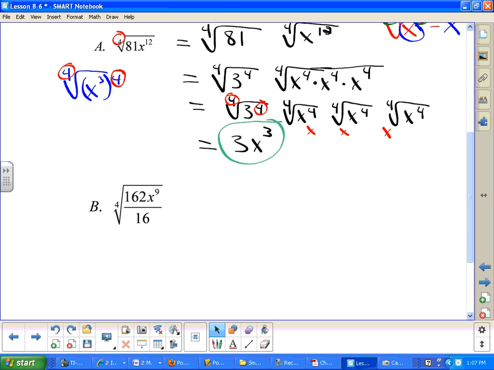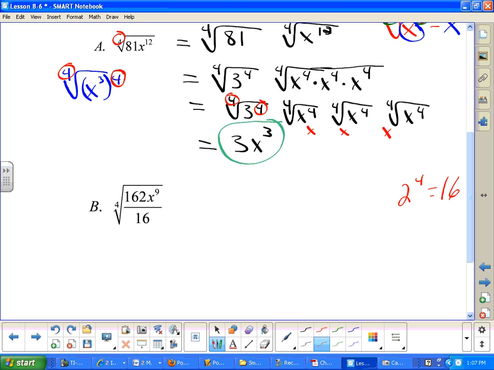The only thing is, with this problem, my denominator already has something raised to the 4th power. And so I don't want to simplify that fraction because I don't want to get rid of the fact that 2 to the 4th power equals 16. I don't want to lose that.